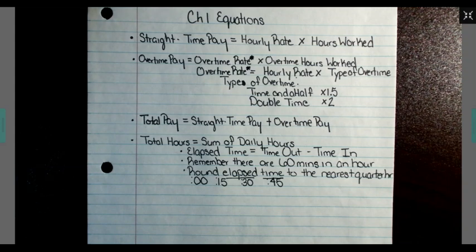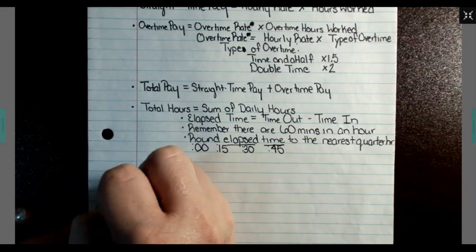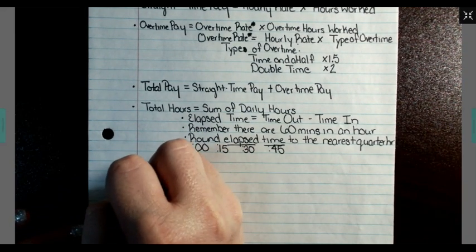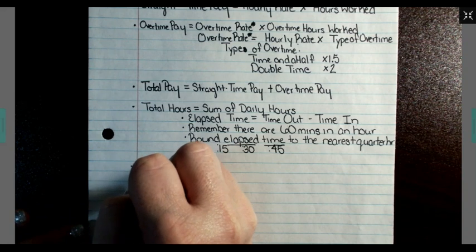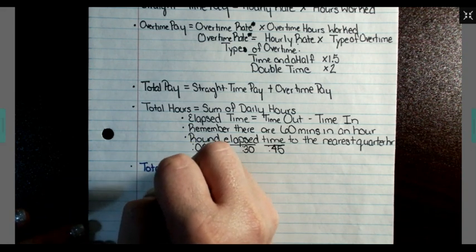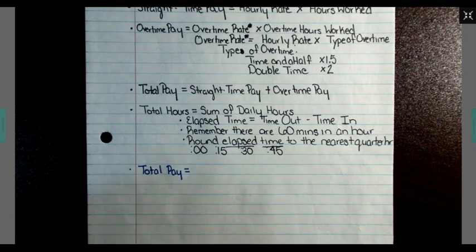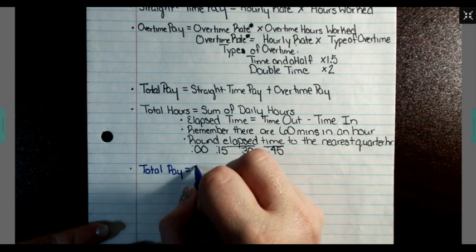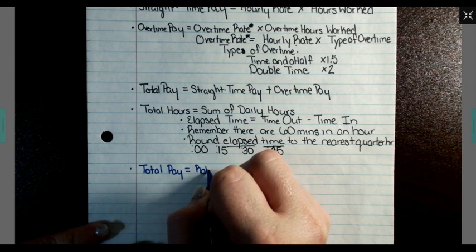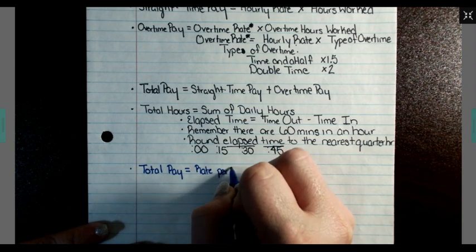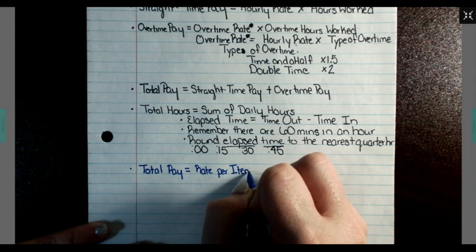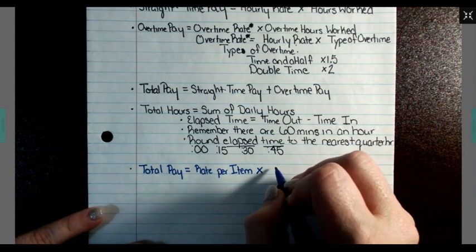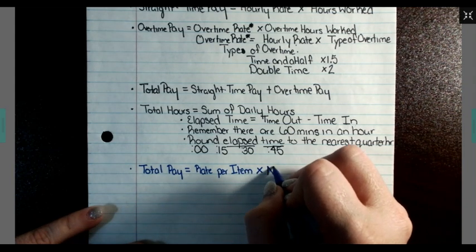All right, here we are learning lesson 1.4, piecework. There is one equation for piecework, and that is total pay equals rate per item times number of items produced.